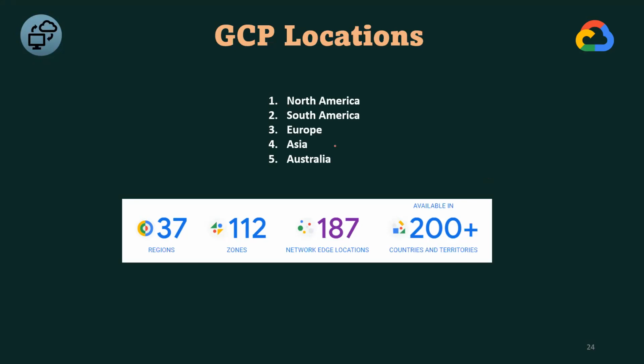If you think of this as GCP's infrastructure, it is divided into 5 locations. You have the GCP infrastructure available in North America, South America, Europe, Asia, and Australia. So Google's infrastructure is available in these 5 locations.